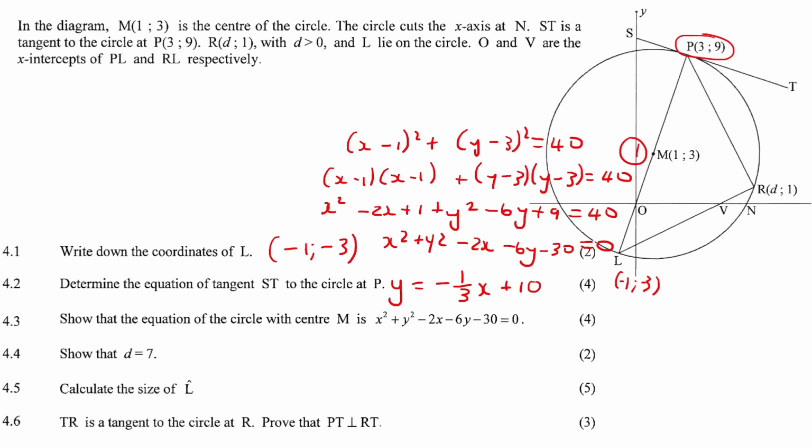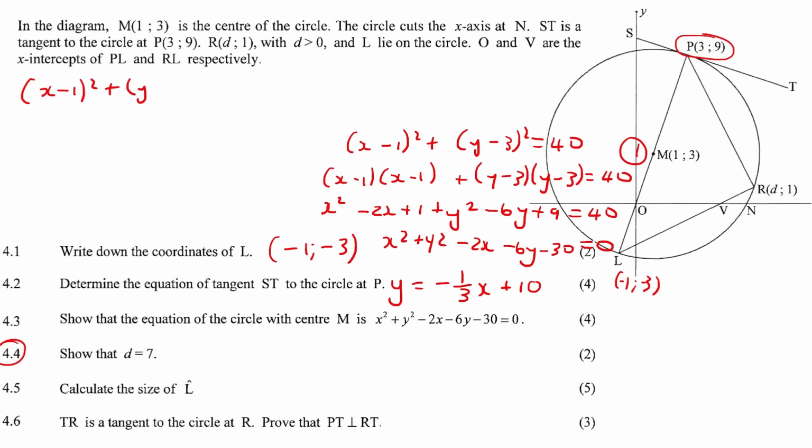All right, and then this question for only 2 marks, show that d is 7. That's very easy. We have a circle equation. Whether you want to plug it into this circle equation or into this part over here makes no difference. I'm just going to go into this one over here. So we know that the x value, because this is a point on the circle, you can plug it into the circle's equation.